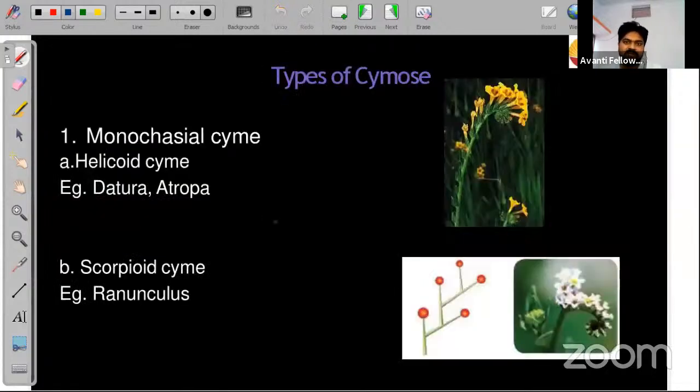Coming to the next, these are the types of cymose. The first type is the monochasial cyme. It is also known as uniparous cyme, or someone says cyme. You can pronounce it either way.